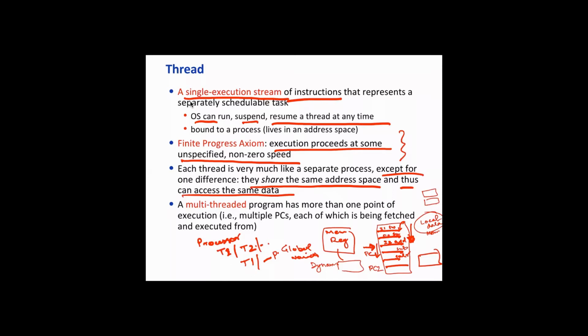Now of course there is a possibility that a second thread that started after the first thread may get scheduled first. There is no guarantee by the scheduler which thread will be scheduled first. It depends on scheduling policies.